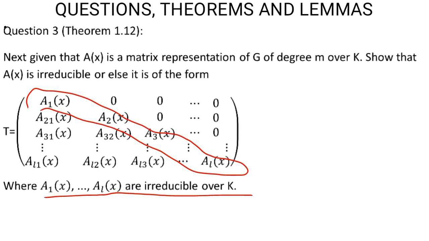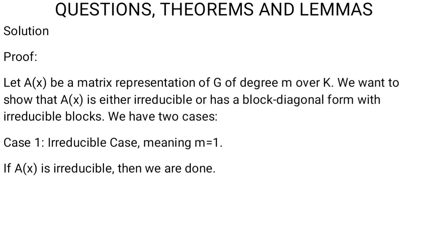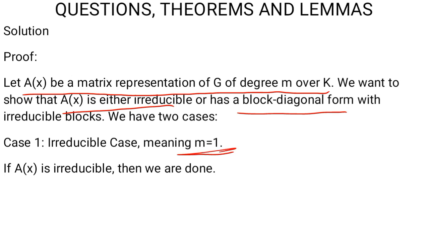Okay, so let's continue. So the solution, which is our proof for that particular theorem, says let AX be a matrix representation of G of degree M over K. So what do we want to show? We want to show that either A is irreducible or it is that block diagonal form as we saw earlier on. So we have two cases before us. The first case will be when m is equal to 1.